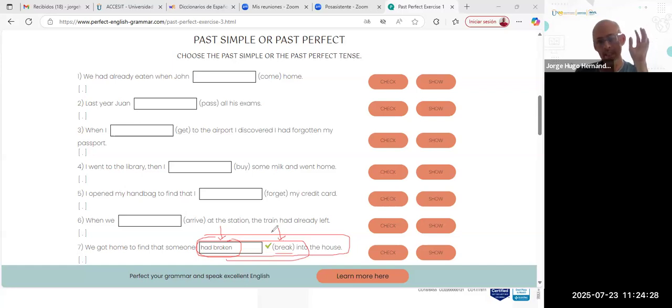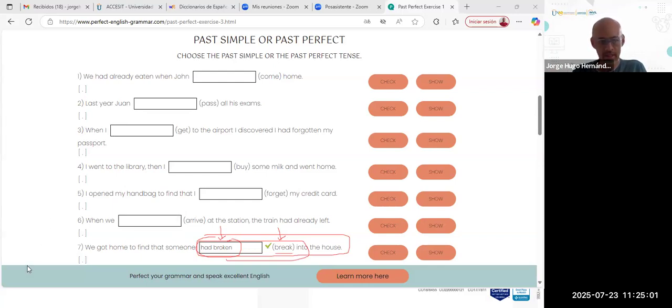So when we say break into, it means that you have to go inside a place, okay? But you go inside the place by force, not using the door with the key, no. Break into the house, you have to enter or access the house, but using force, like a thief, no? That's the meaning of break into the house, okay?